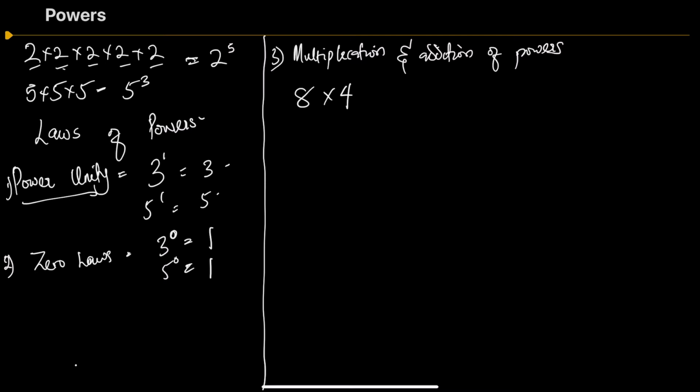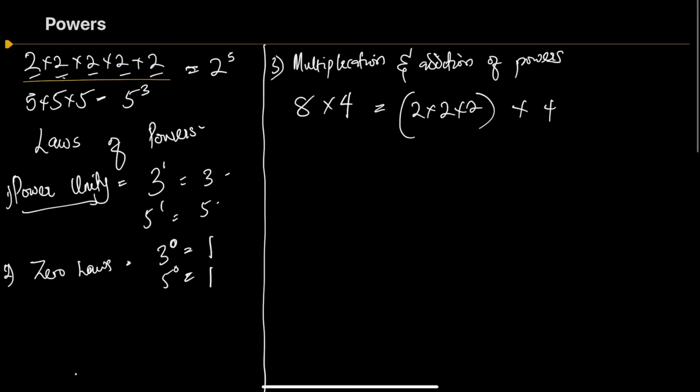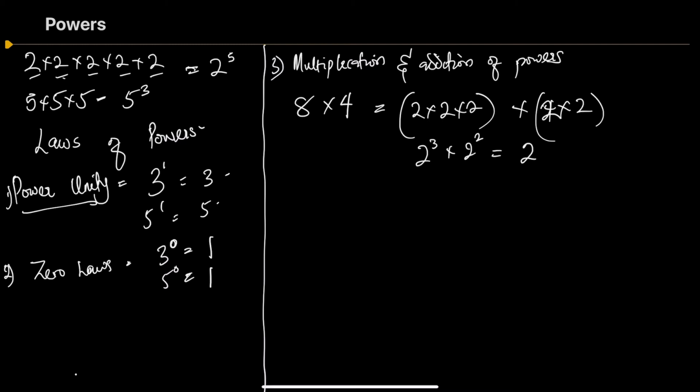If we want to break these numbers down into powers, 8 is basically 2 times 2 times 2, and 4 is basically 2 times 2. So this is 2 raised to the power 3 times 2 raised to the power 2, and the answer is 2 raised to the power 3 plus 2, which gives you 2 raised to the power 5.